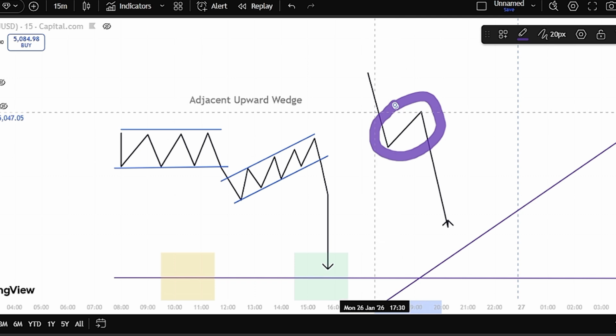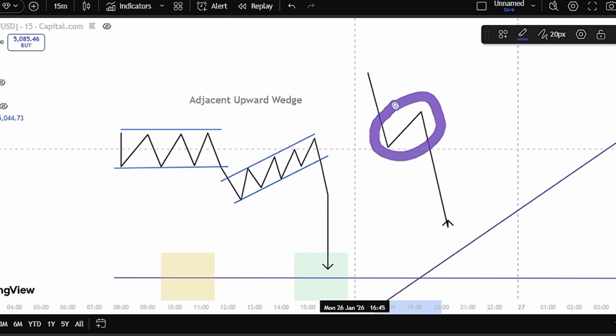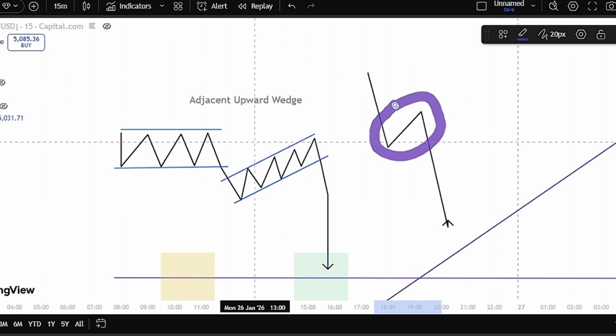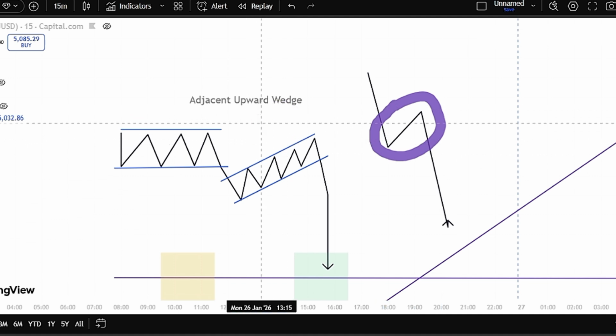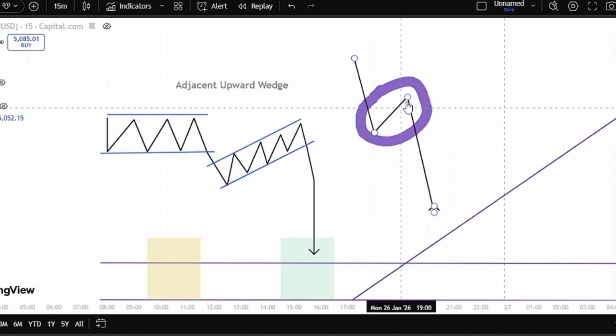Are we together now? That's why you have to be very sensitive when it comes to price action and the chart itself. This is gold, I'm doing this for gold, showing you how this works in gold. When you see something like this, it is an upward wedge.